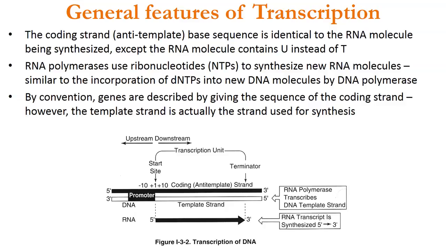And the DNA sequence they're giving you is the coding strand. So it's the same as what's going to ultimately be the messenger RNA, except you have U's instead of T's in the RNA. But that's just by convention. So most of the time when you read journal articles, they'll give you a DNA sequence, and the DNA sequence they'll give you is the actual coding strand.